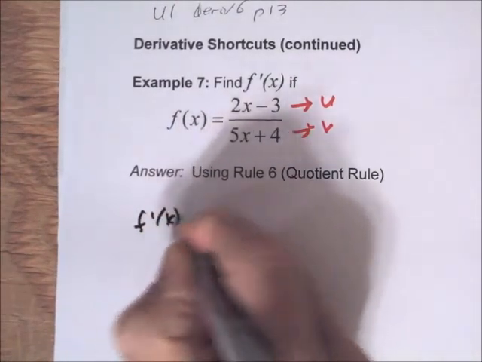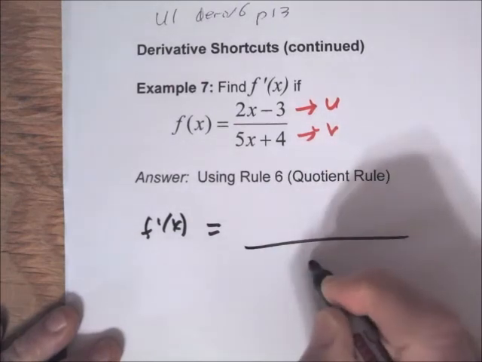So the derivative f prime of x, I like to write the v squared first.